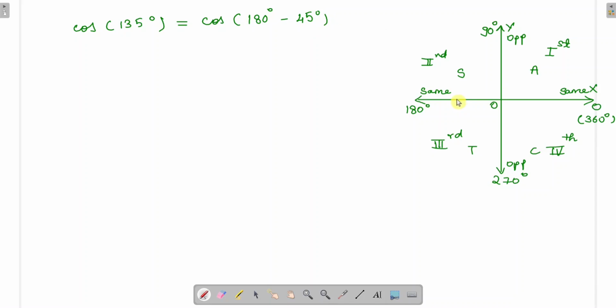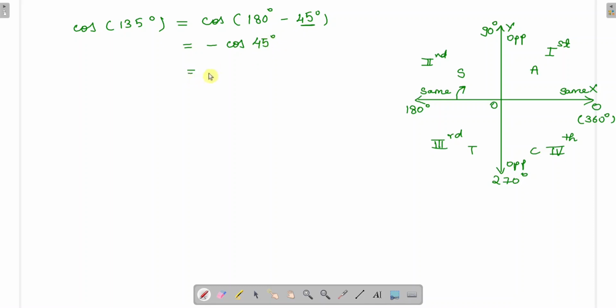So we are going in the second quadrant, 180 minus 45. Now in the second quadrant the sine is positive and cos is negative, so what we will get is negative. Cos will remain cos because whenever we go from x axis to any quadrant, the ratio remains same, and this angle theta we have to write without this sign, so that is 45 degrees.